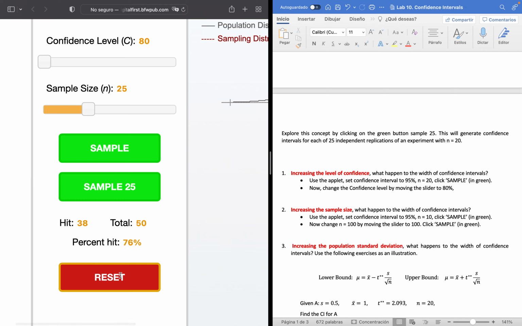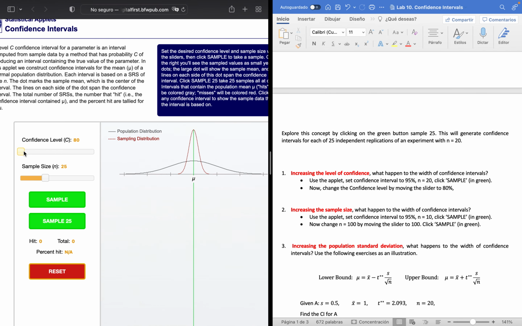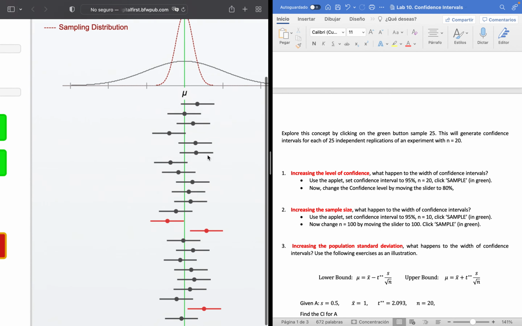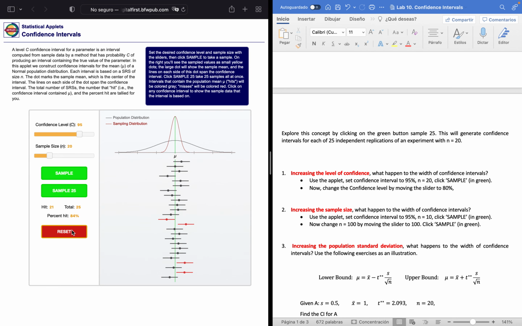So let me do it again. Reset. Let's set the confidence level to 95 as before, the sample size to 20, and now I'm going to generate 25 confidence intervals. Notice these segmented lines.